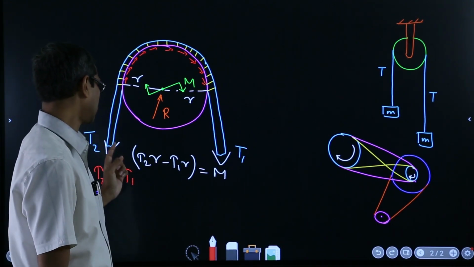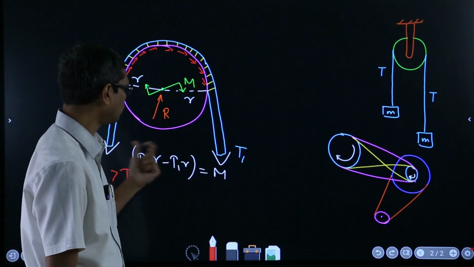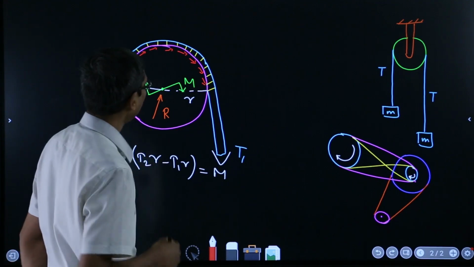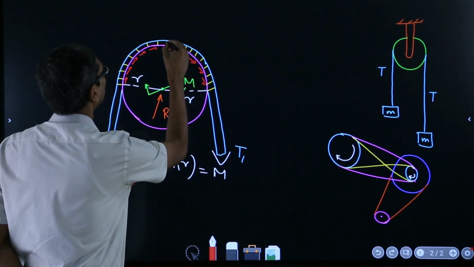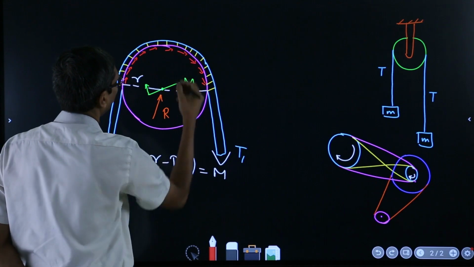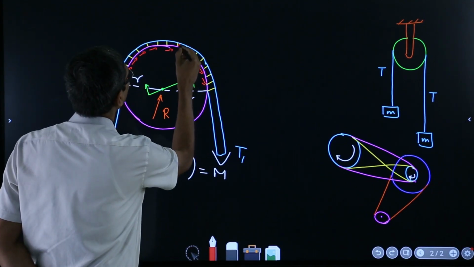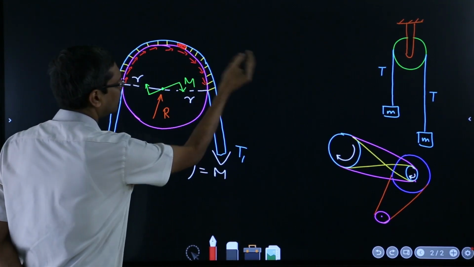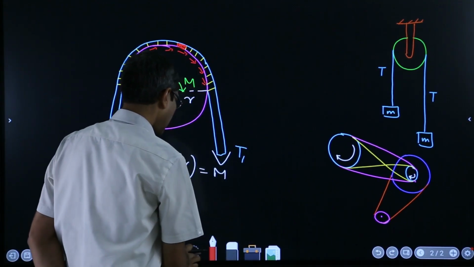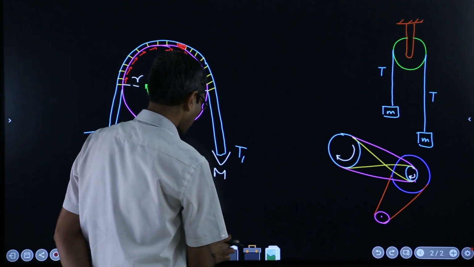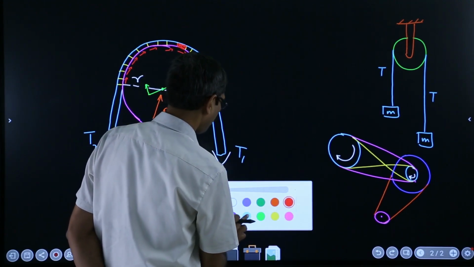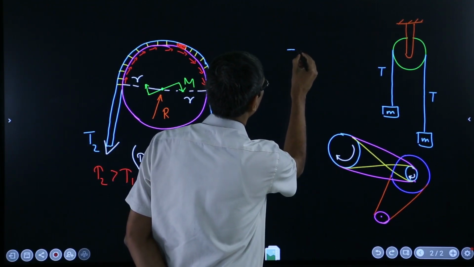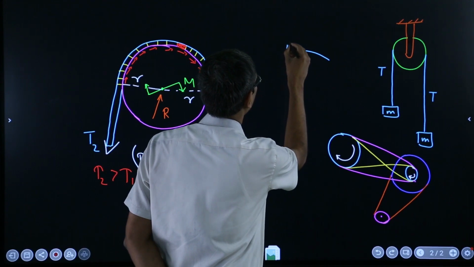And now, how much will T2 be with respect to T1? Is there any relationship between them? To evaluate that, we can pick a particular segment of this, suppose we are considering this segment, and now I'll draw that here at a bigger scale, so that part is somewhat like this.